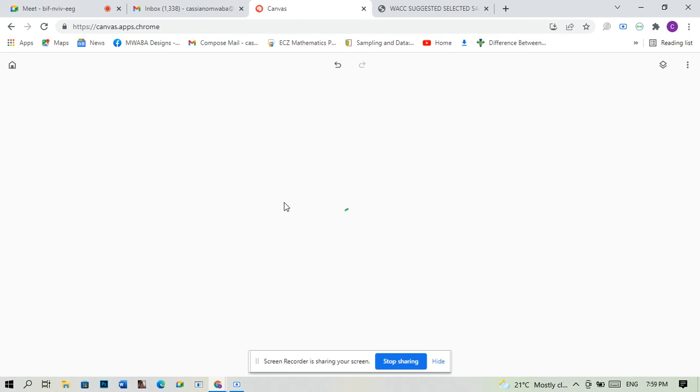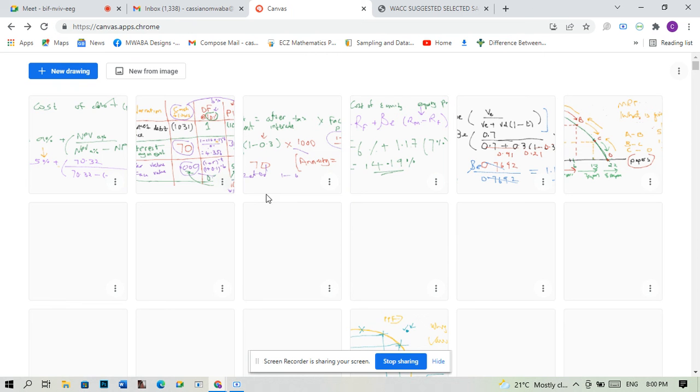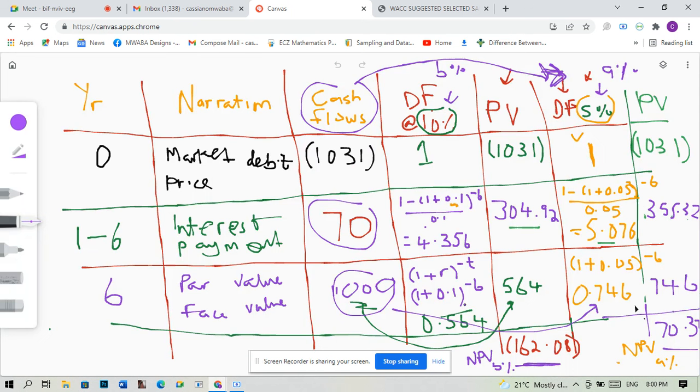Let me just check the value. Negative 162.08. Remember, it's negative because it's still in brackets.